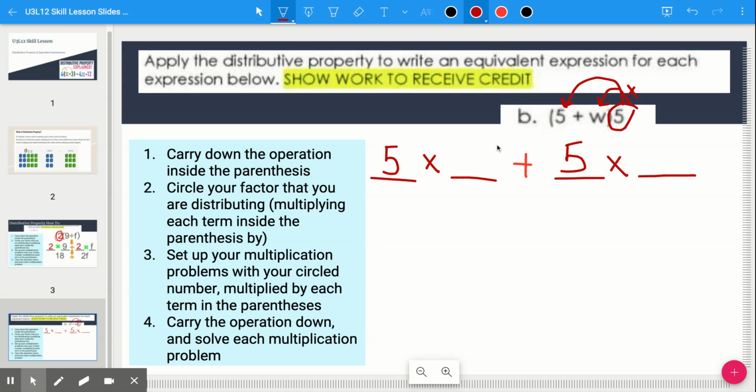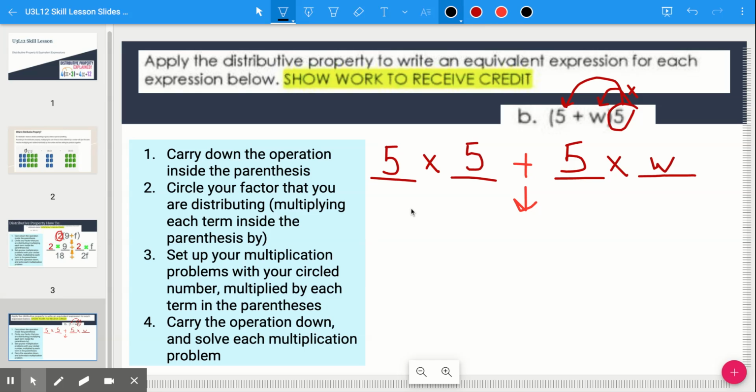So let's do 5 times 5 plus 5 times W. All right, now I need to carry the operation down again. And solve.